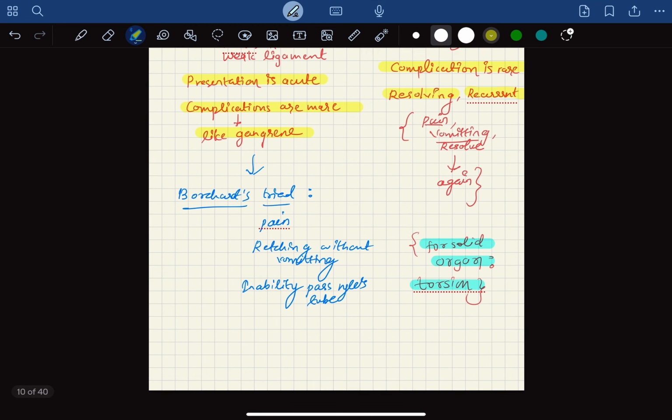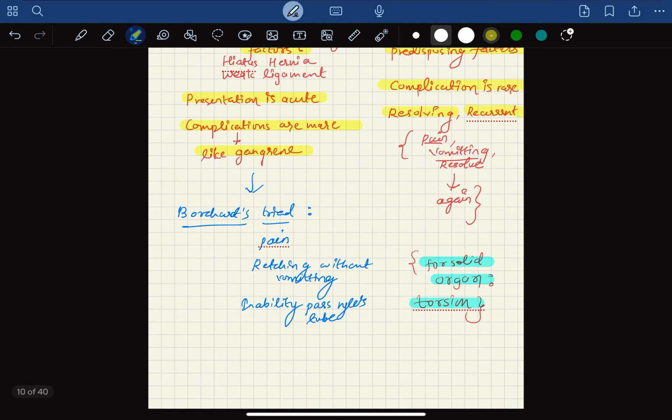And here, there is inability to pass the Ryle's tube. So pain, retching, but without vomiting. There won't be vomiting because in gastric volvulus there is total obstruction and inability to pass the Ryle's tube.